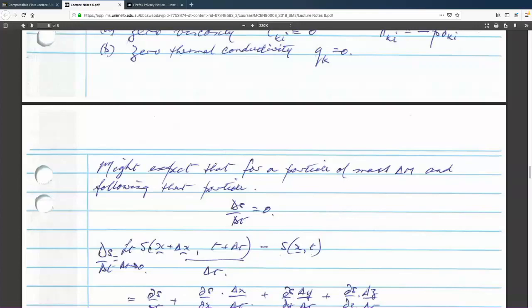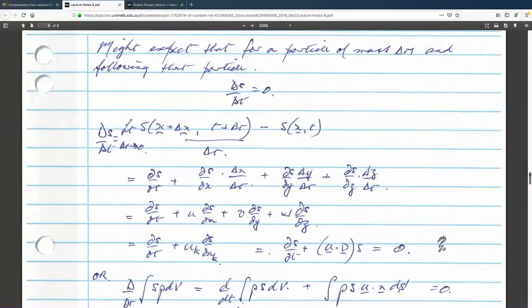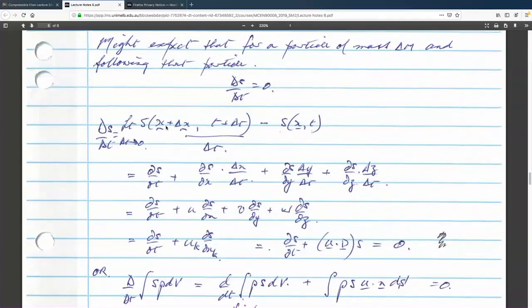I'm not going to do partial derivatives for you, but you will know from, I hope, mathematics that this would be the partial derivative of s with respect to t, delta t divided by delta t. The partial derivative of s with respect to x times delta x divided by delta t, plus the partial derivative with respect to y, delta y divided by delta t, plus the partial of s with respect to z, delta z divided by delta t.